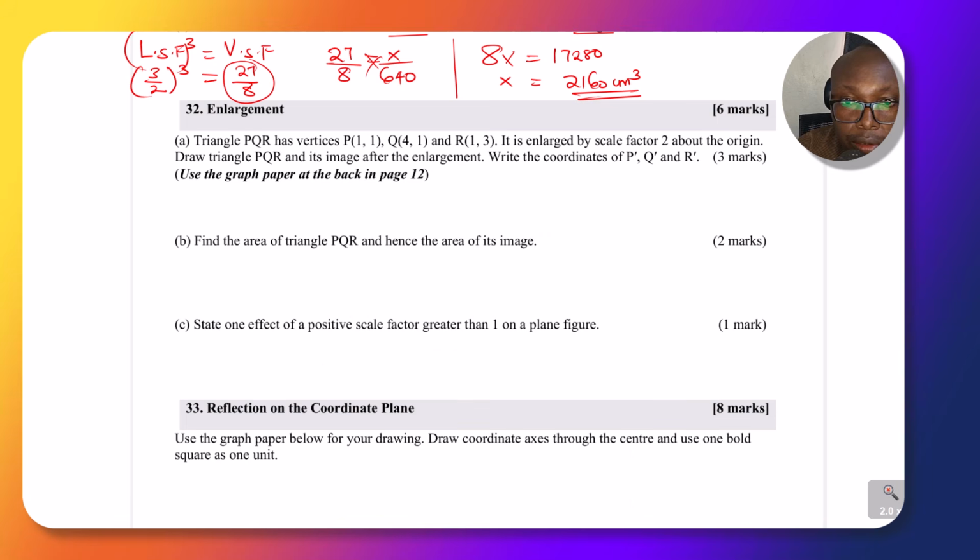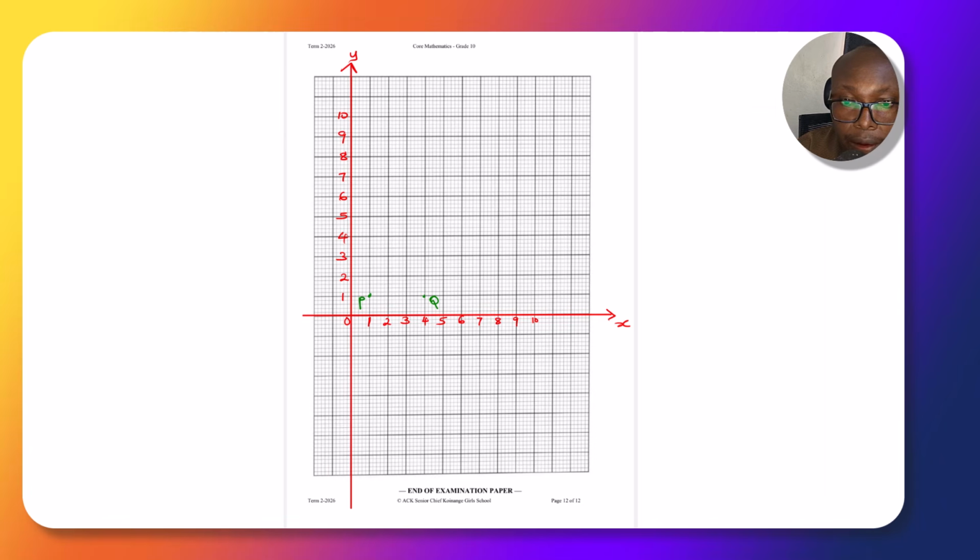And then R is (1, 3). So it's supposed to be there. So let me join. Join using a ruler. So there we have triangle PQR.